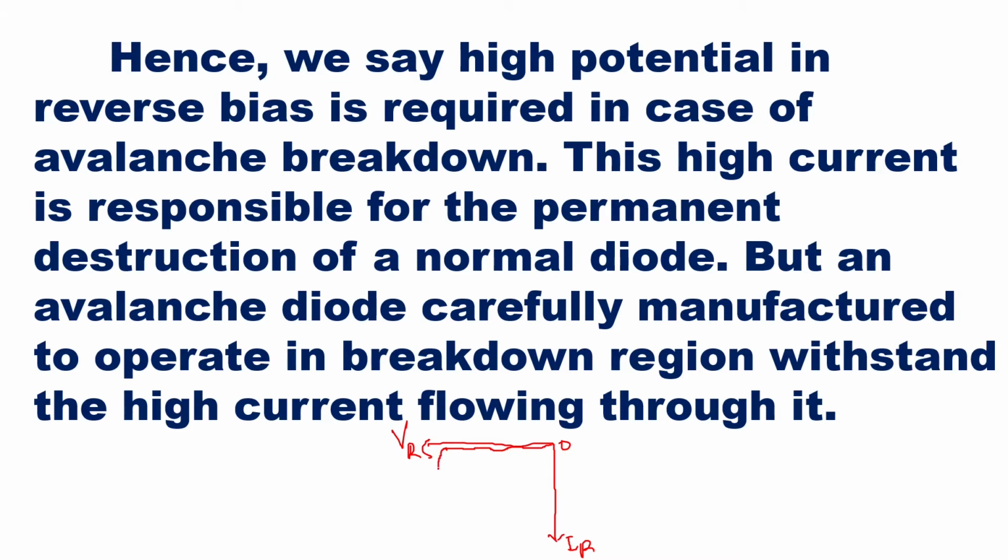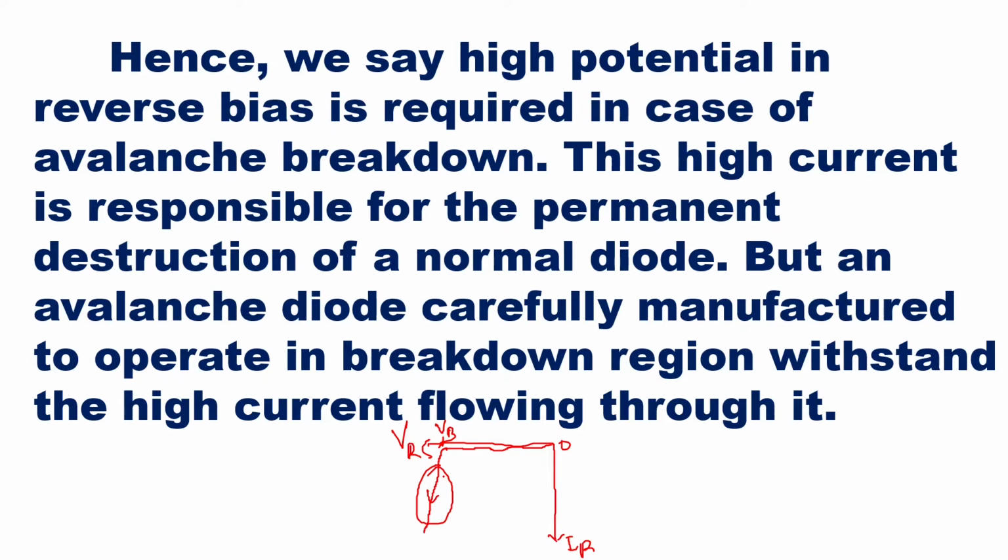There will be a large flow of minority carriers, and then there will be a breakdown region here. This will be called the reverse breakdown region, and the voltage at which it happens is called the breakdown voltage.